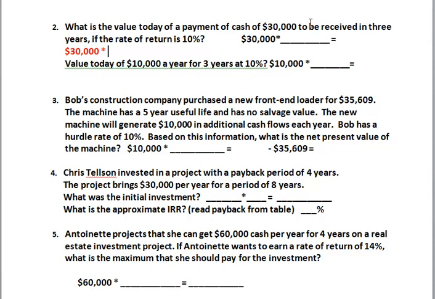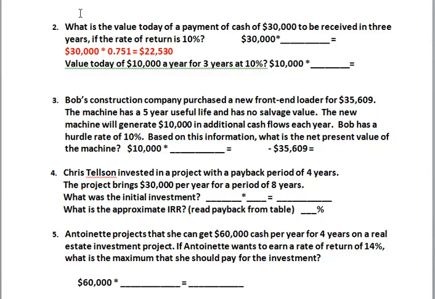So to put this in present value table, you want to use the single sum table. So if you look at the value of a single dollar, 10%, in year 3, your present value factor is 0.751. Multiply that by the $30,000, and so it's $22,530.